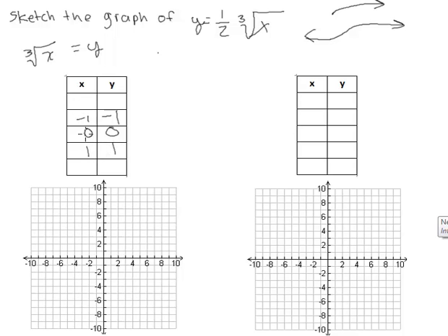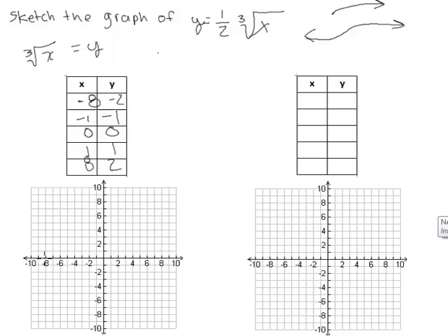Now the next point I'm going to put in goes pretty far away from -1 because I want something that is a perfect cube so that I can take a cubed root of it. The cube of 1 is 1. If I go to the very next number 2, the cube of 2 is 8. So I have to go pretty far to get the next one. So -8, and then the cubed root of -8 is -2, and then 8, and the cubed root of that is 2.